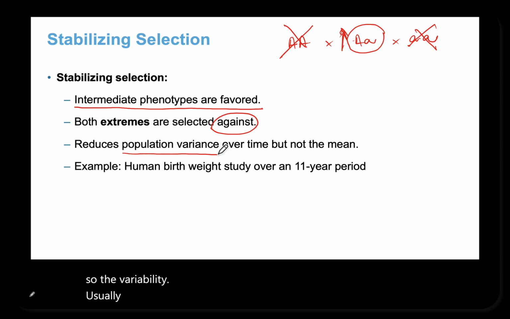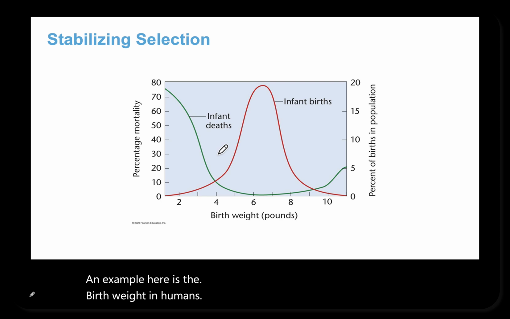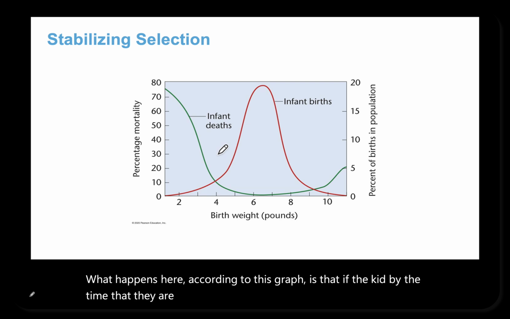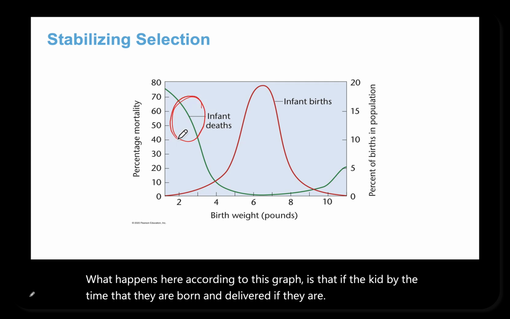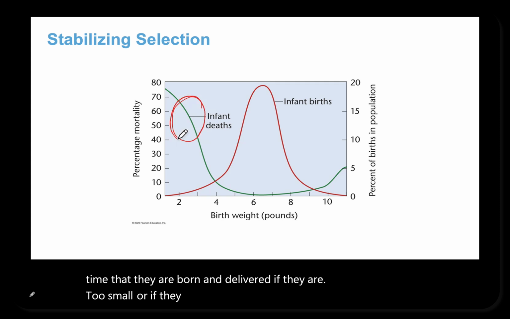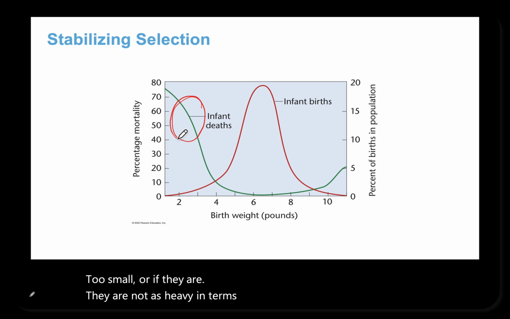An example here is birth weight in humans. What happens here, according to this graph, is that if the kid, by the time they are born and delivered, is too small, or not as heavy in terms of body mass, they end up dying more often.